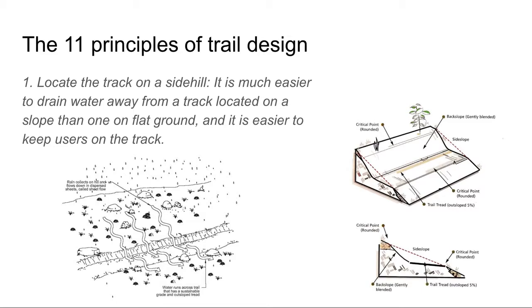Now let's look at this particular principle from the 11 principles of mountain bike trail design. So the first video we looked at, we need to locate tracks on the side of a hill. Now you might have been out in the field, gathered some data, you use your clinometer to identify a slope, you're able to judge that you're on the side of the hill, and you noted that a trail wasn't really located on this side of the hill.